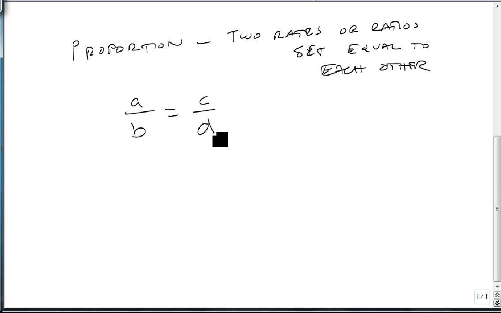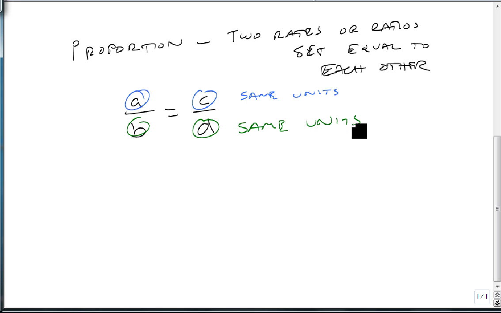But an important fact to remember about a proportion is that what's on top has to be the same units, and what's on bottom has to be the same units. If they are, then we've got a proportion.